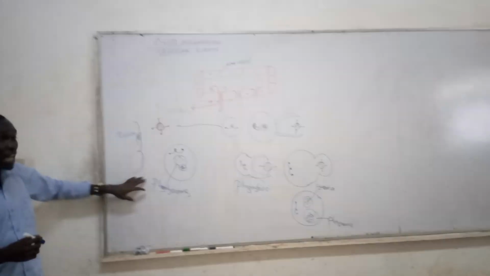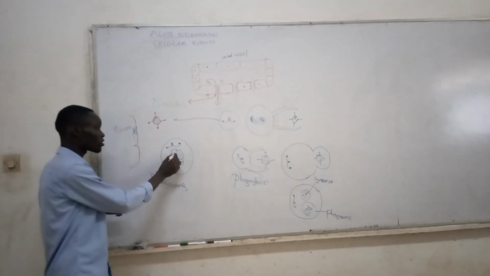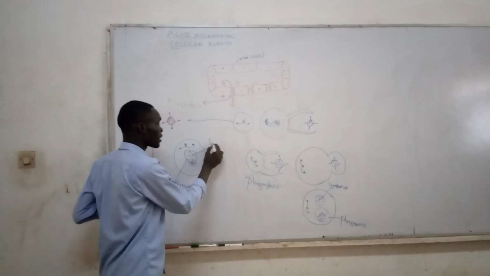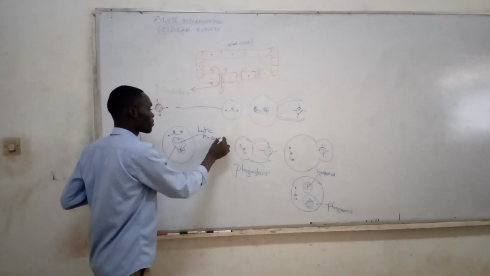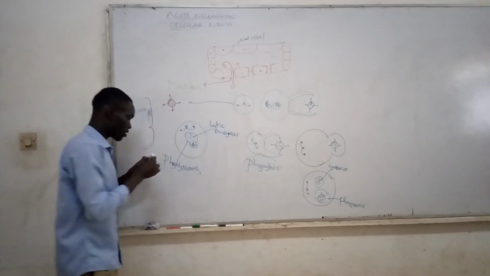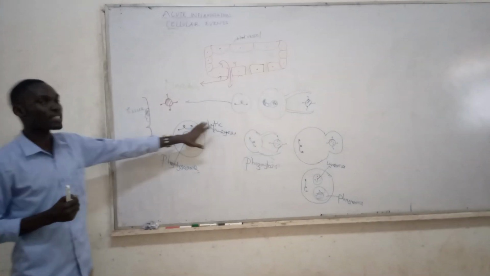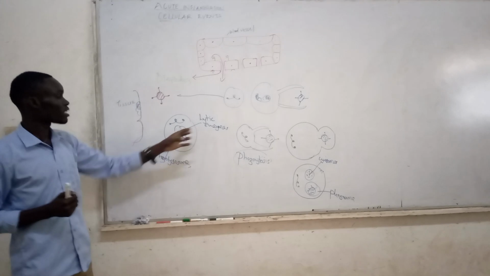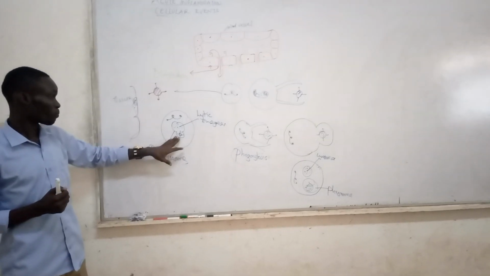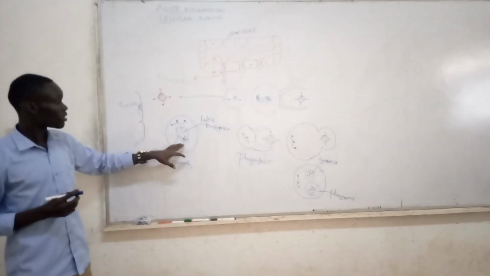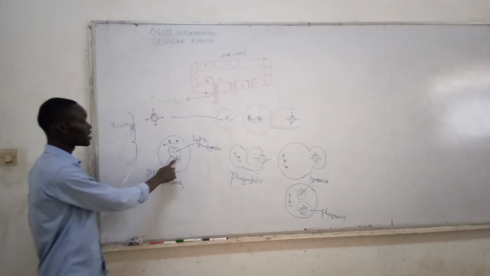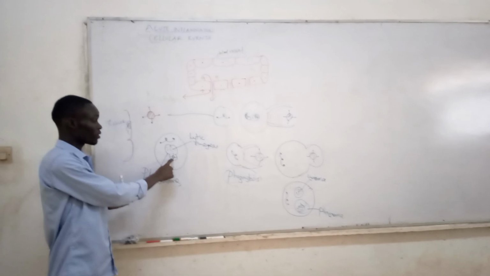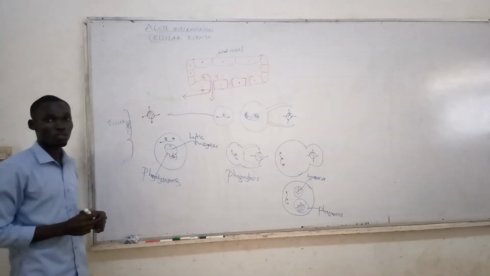Then what happens next? We know lysosome has what? The lytic enzymes. The lysosome contains lytic enzyme. The role of this lytic enzyme is to hydrolyze or break down any foreign organism. So lytic enzyme from the lysosome destroys the bacteria in the phagolysosome.